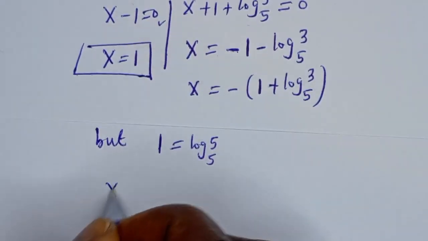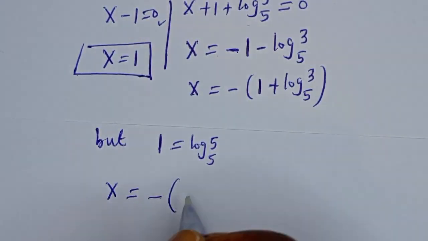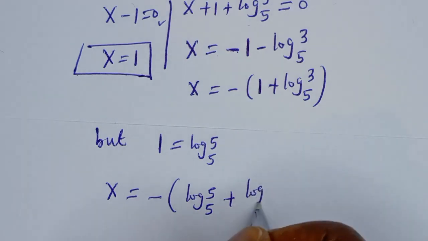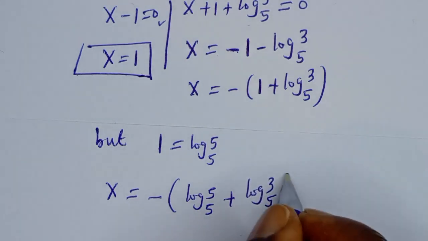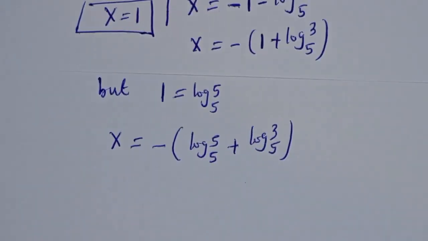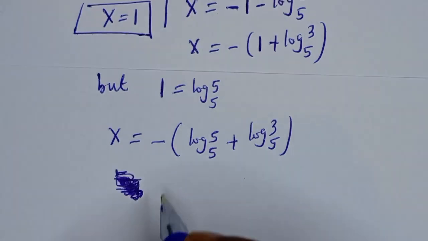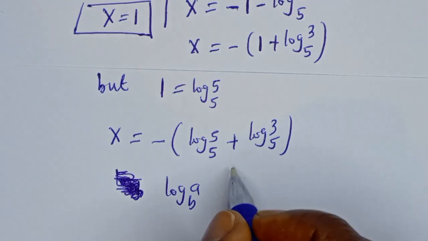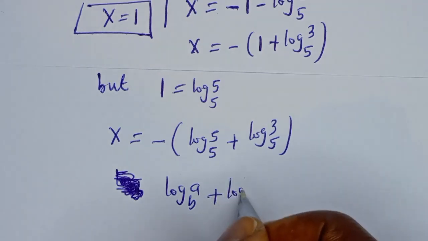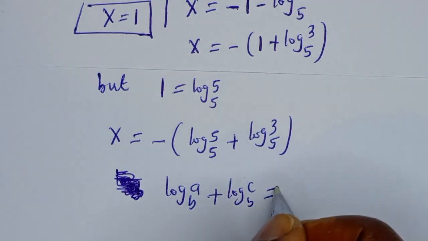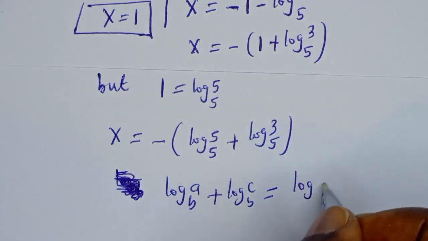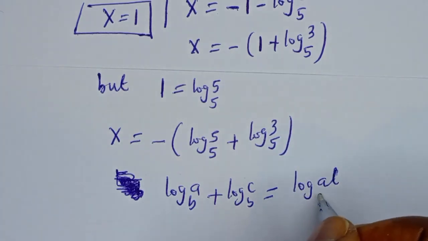Here is s is equal to minus bracket log 5 base 5 plus log 3 base 5. Now take note of this, that if you have log a base b plus log c base b, this is equal to log ac base b.